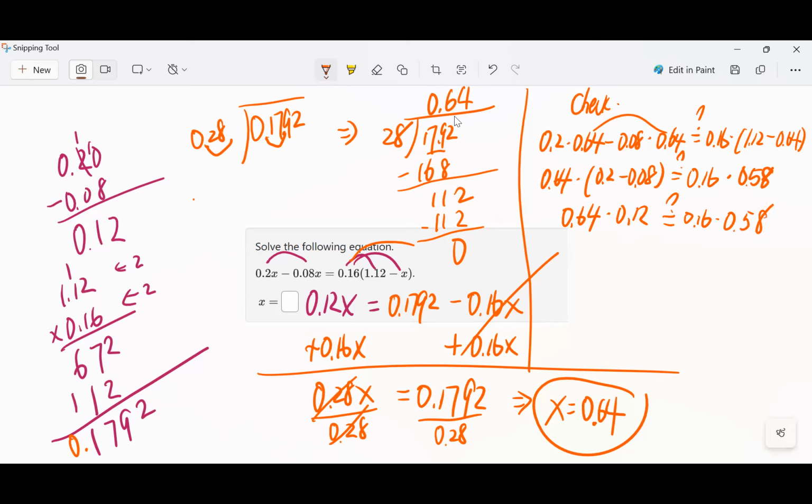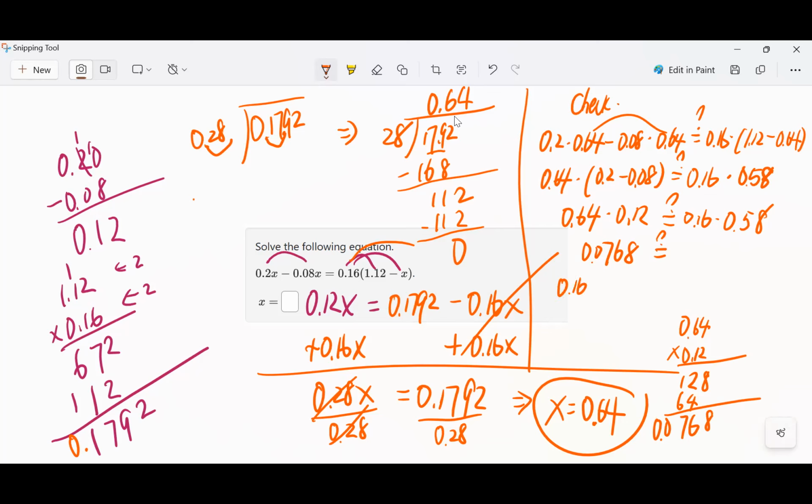I just multiply twice, right? So we get 0.64 times 0.12, 2 times 4, 8, 2 times 6, 12. 1 times 4, 4, 1 times 6, 6. This will get 8, 6, 7. And total 4 decimals, so 0.0768.